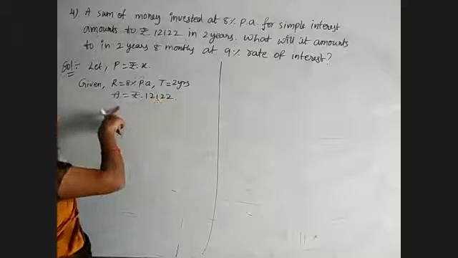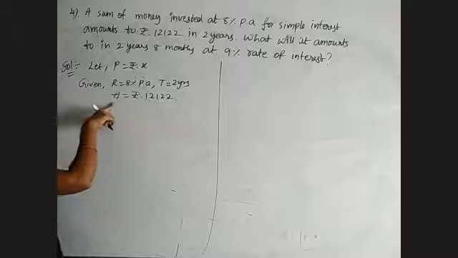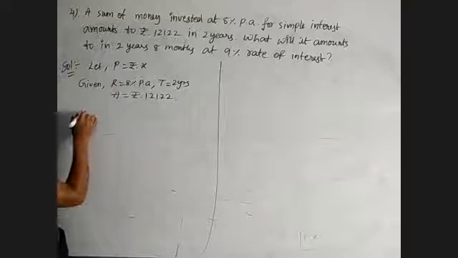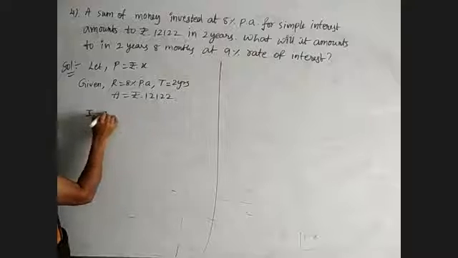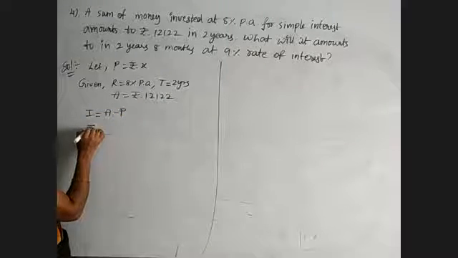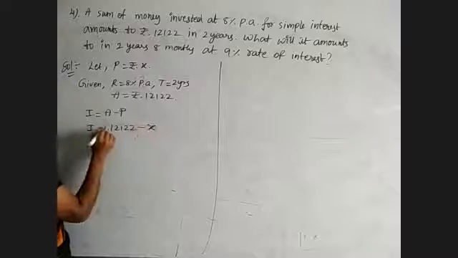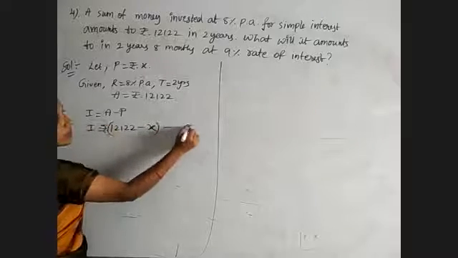So in terms of I value, we will find it in terms of A, and also using PTR by 100. So I is equal to A minus P. From this I value will be 12,122 rupees minus X. This is I, equation 1.